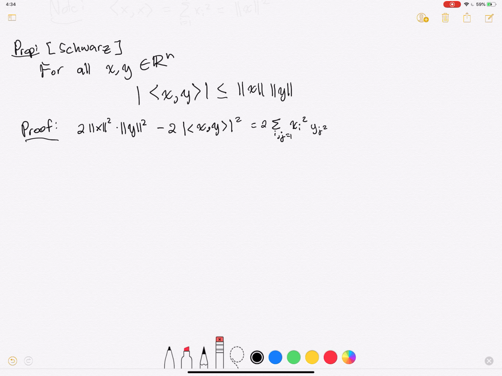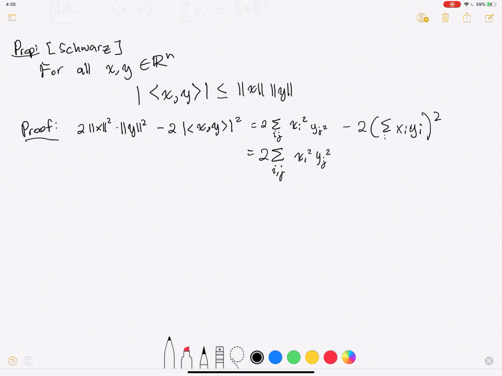And then you multiply them together. Oh, so you have all the cross terms. So it's just over i and j, minus 2, just these ones. Let's work with the other part for now.